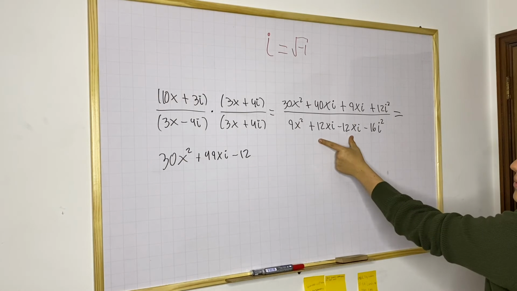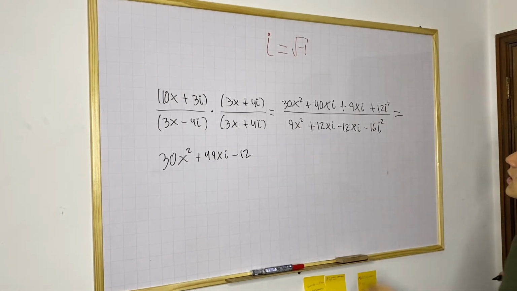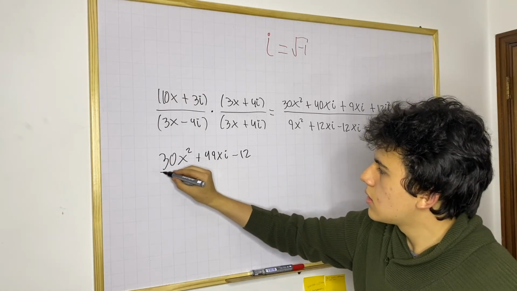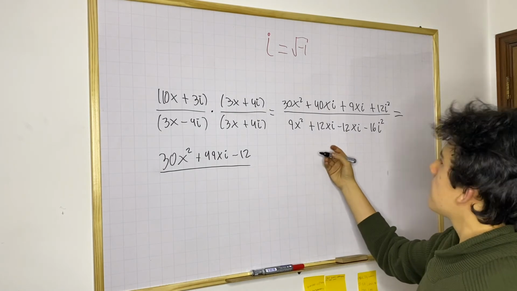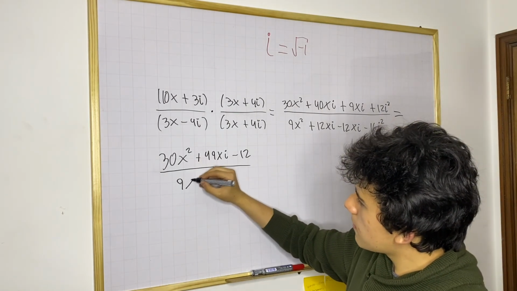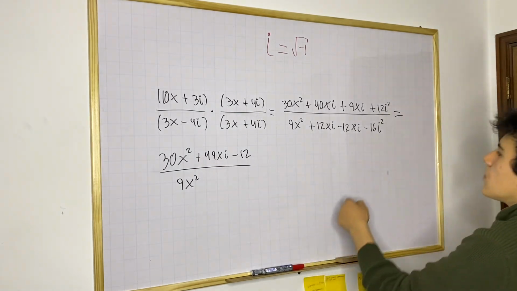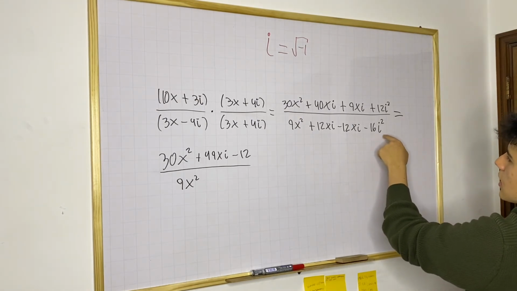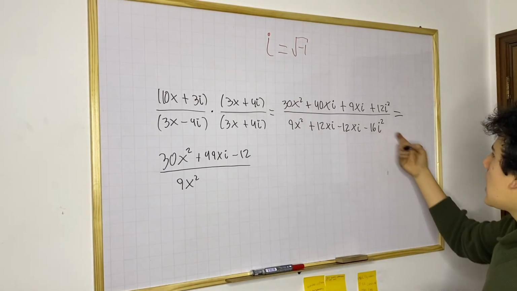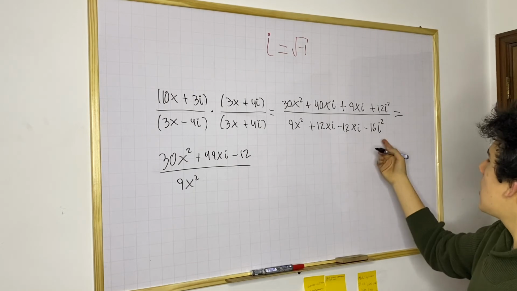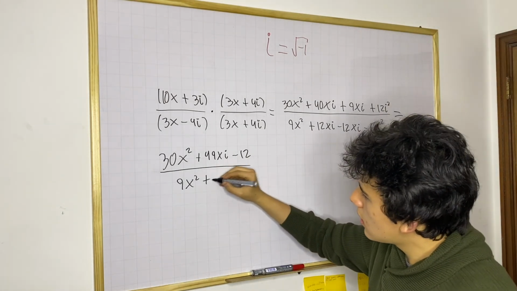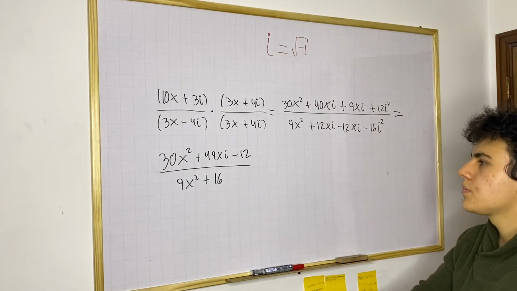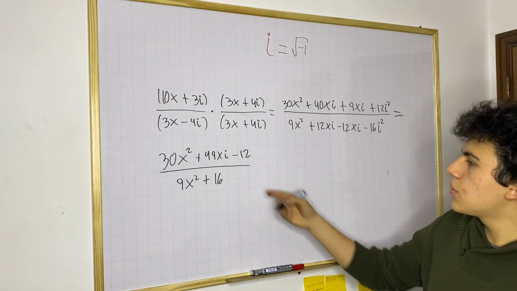Over, these two terms have opposite signs, so they cancel out. Over 9x squared. Now once again, we get minus 16i squared, so we get positive 16. Cool, and this would be our final value.